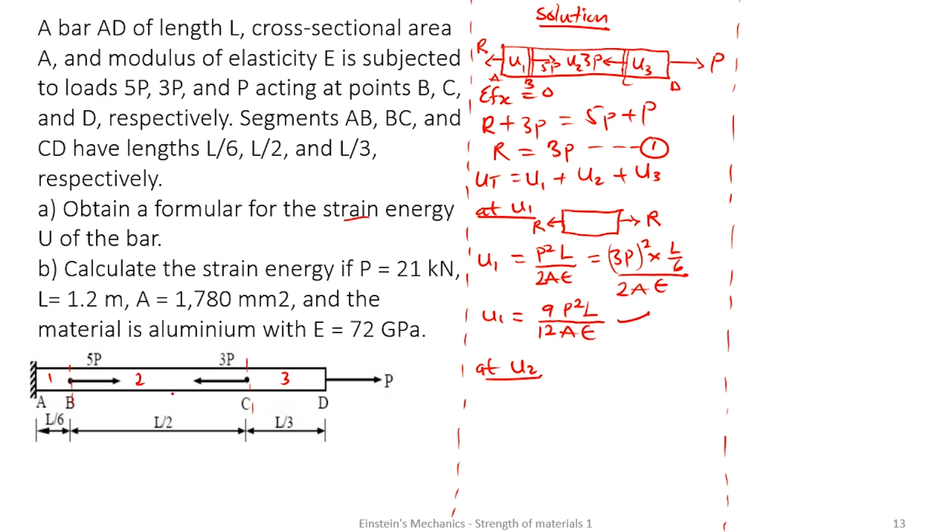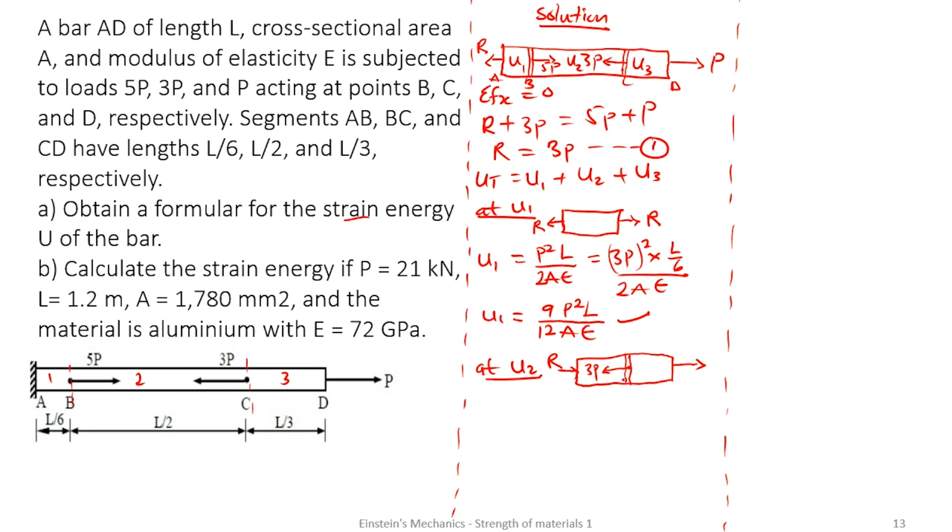I have to create a cut to see what is actually happening in the 2. So I'm going to get a free body diagram like this, where this is going to be my P. And since I'm not cutting the joint, I'm cutting the middle, this force is going to play a role.